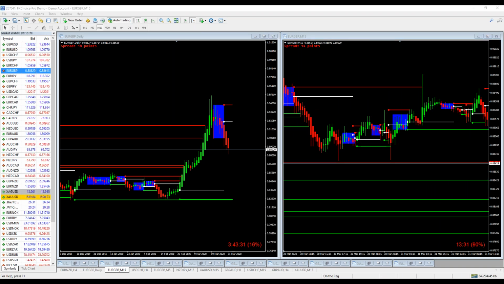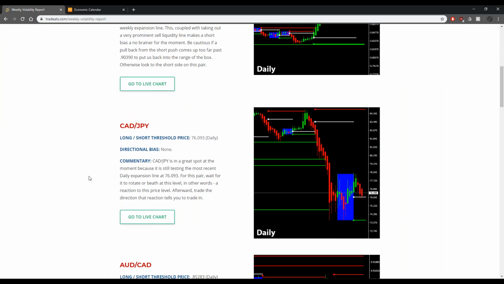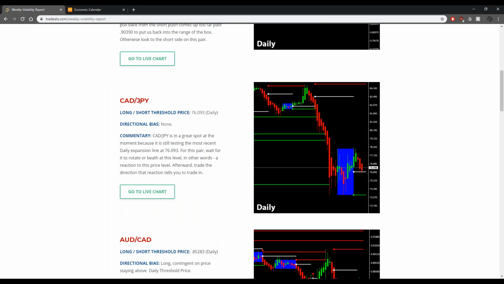All right, let's go ahead and jump over to Canadian versus the yen. On this one, you'll notice we have no directional bias, and that is because it has broken out of the box and, at least when we released this, it was actively reacting to the latest daily expansion line.